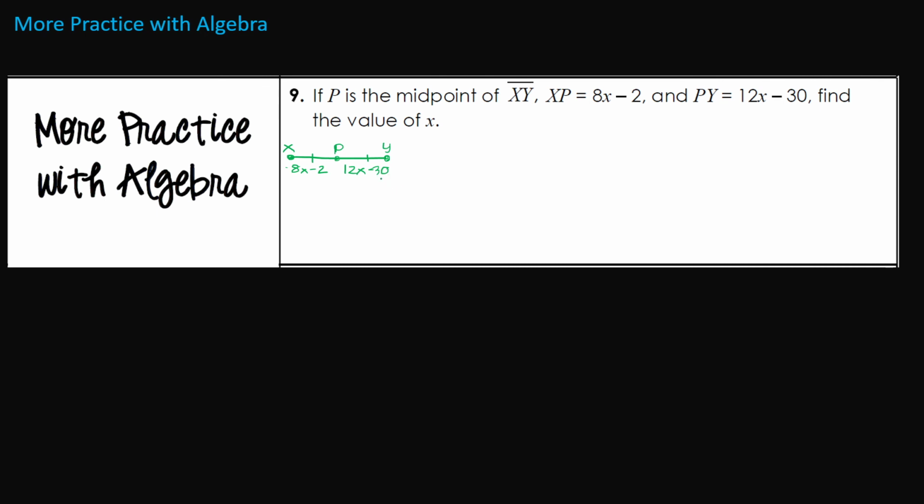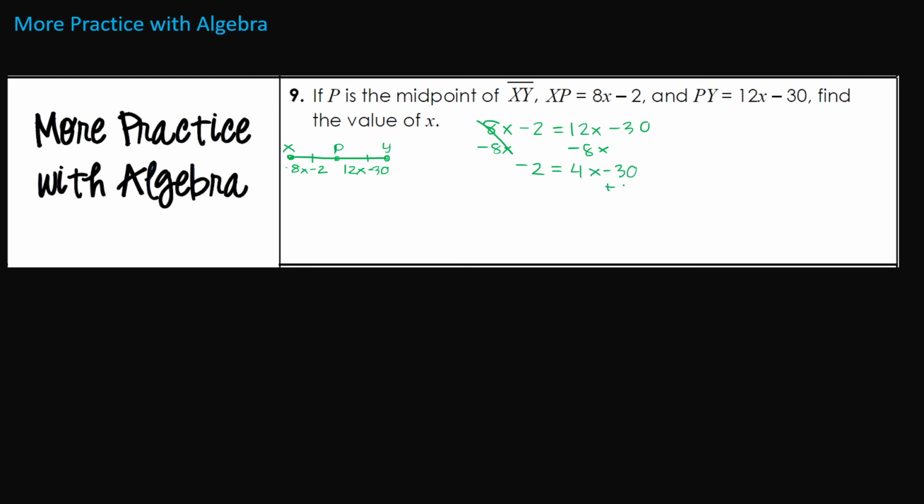So I need to set up an equation to solve for x. Since they are the same measure, I'm going to set those two expressions equal to each other. It should look something like this: 8x minus 2 is equal to 12x minus 30. Now I'm going to move my variables to one side of the equation, so I get -2 is equal to 4x minus 30.